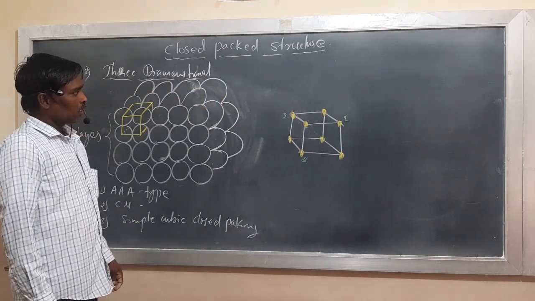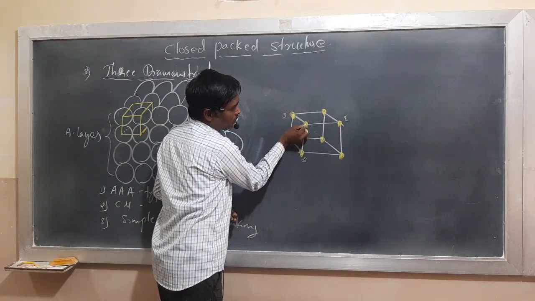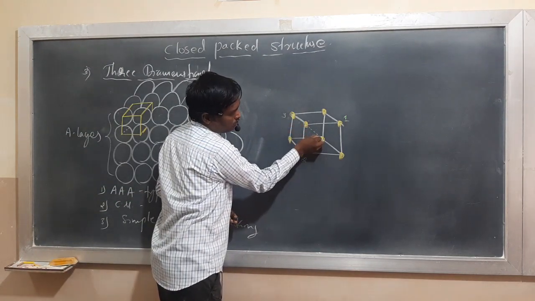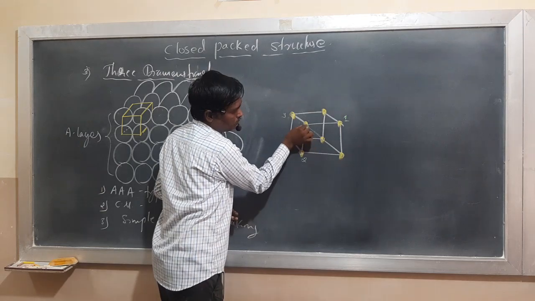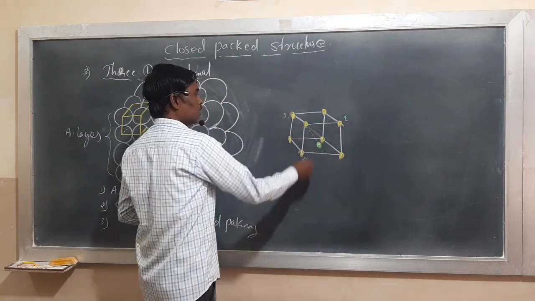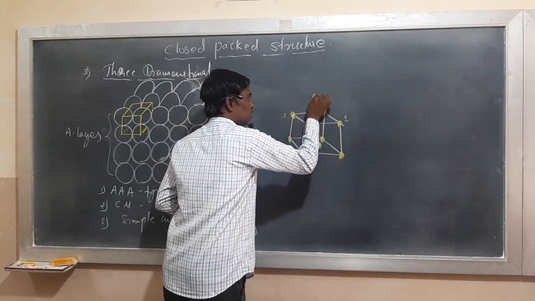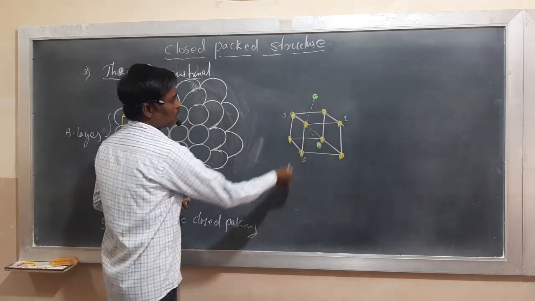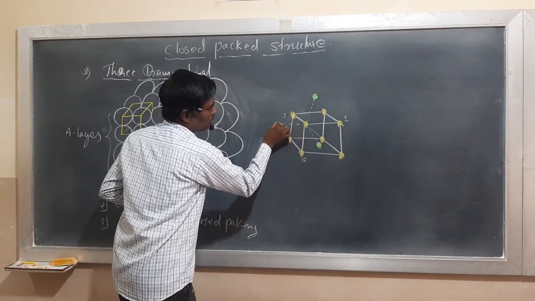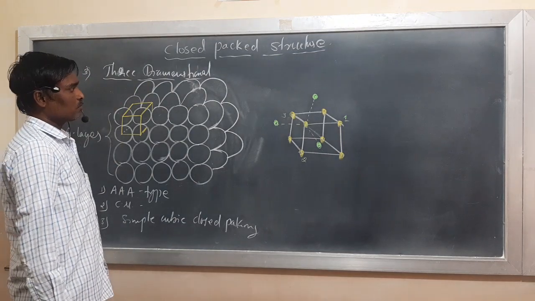Now, this is in a single layer. If I place another one, this particle is also in touch with the one just above, and also in front, touching another particle, along the y-axis, along the z-axis, and also along the x-axis.